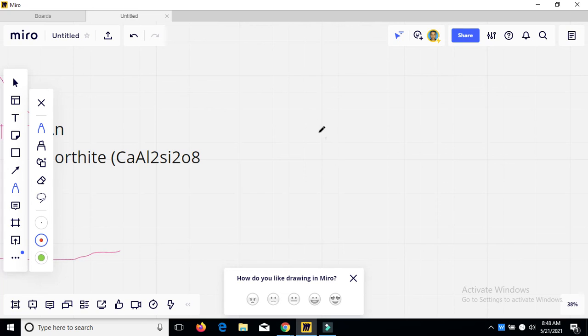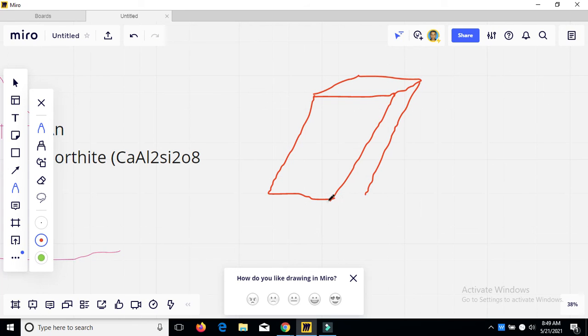Now I have a mineral like this. Now what is cleavage? We discussed it in earlier classes also. Suppose this is the mineral in amphibole.